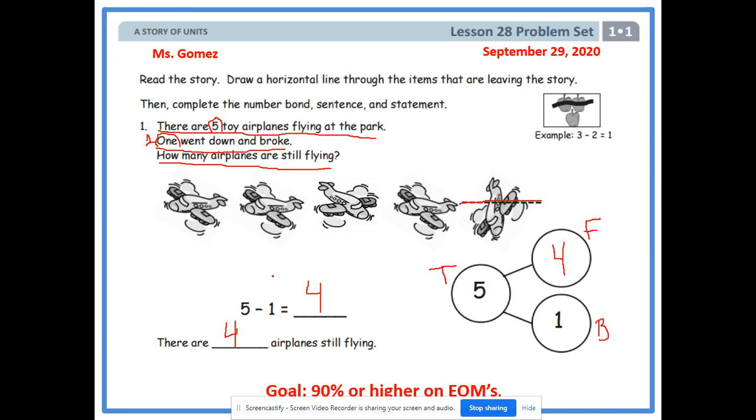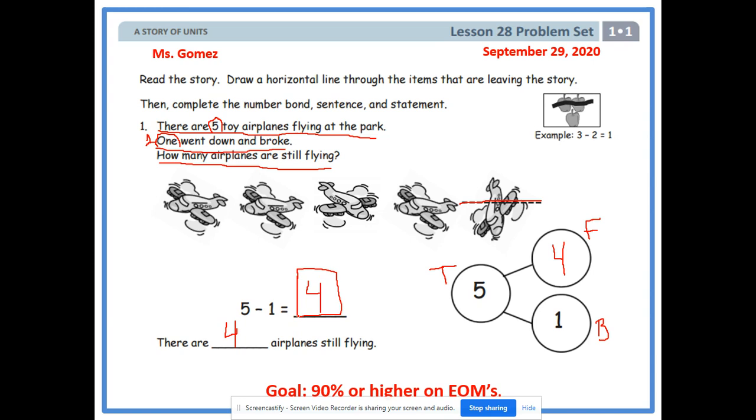And we're forgetting our last key point, which is box your answer. Always remember to box your answer in your number sentence so that we know that that's your answer. Because remember, there's a lot of numbers. So we box our answer to tell the teacher and others, hey, that's my answer.